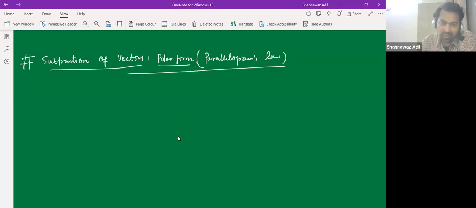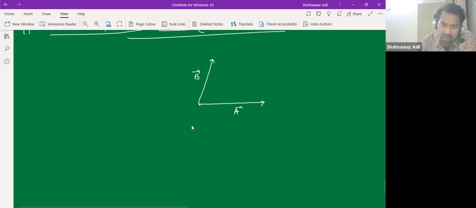And how do we calculate the subtraction? So we have this vector A and this vector B. If we take this B vector in the opposite direction, that would be the negative vector, so this would be minus B. Is that clear? Yes, sir.